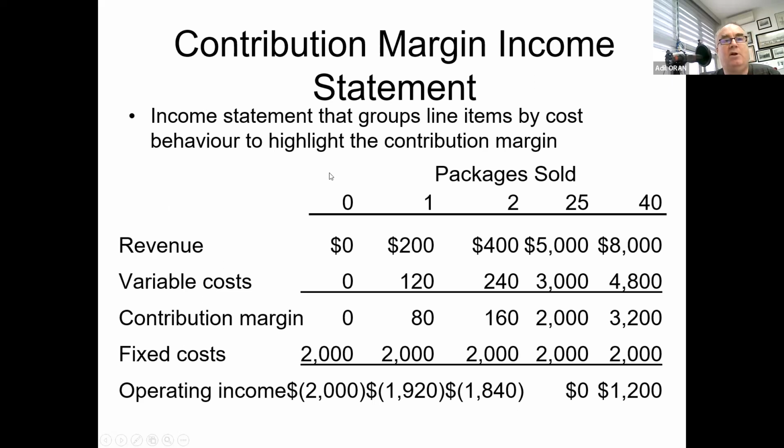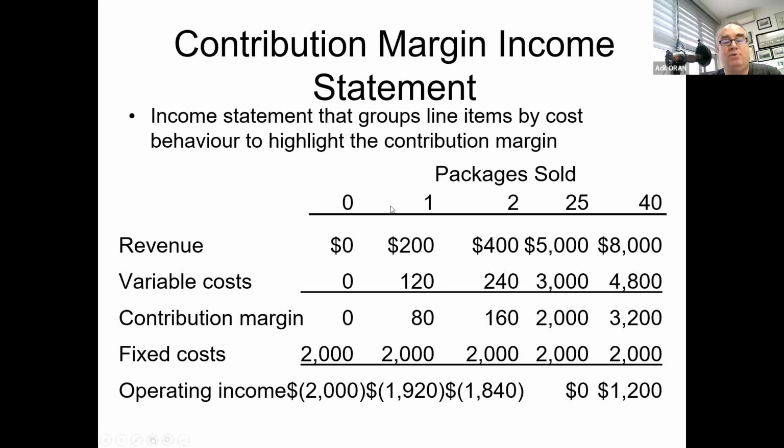Then as we start producing and selling items, what happens? Our revenue goes up $200 for each item that we produce and sell. Variable cost also starts to go up, $120 for each unit produced and sold, and $80 per unit contribution margin. So above the variable cost, we make $80 from each package sold.